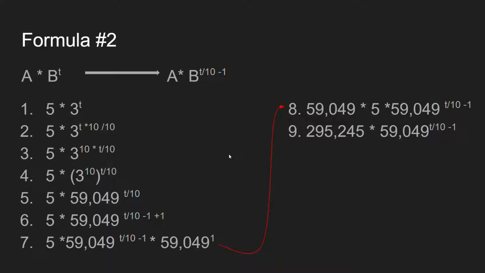That is equivalent to just 59,049. And our new equation, after rearranging and simplifying, is 59,049 times 5 times 59,049 to the power of t divided by 10 minus 1. After that, 59,049 times 5 is equivalent to 295,245 times 59,049 to the power of t divided by 10 minus 1.